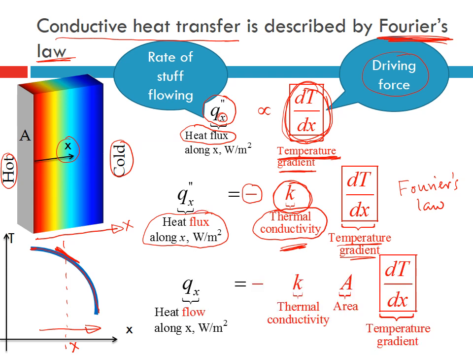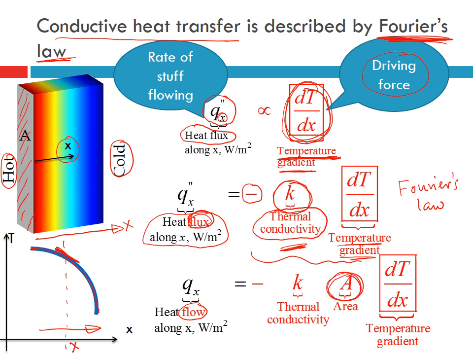If that is flux, then the flow, which is the amount of heat that flows over the entire area. So in this case, for example, the heat flowing over the entire area would be given by the flux formula that we have here multiplied by the area.